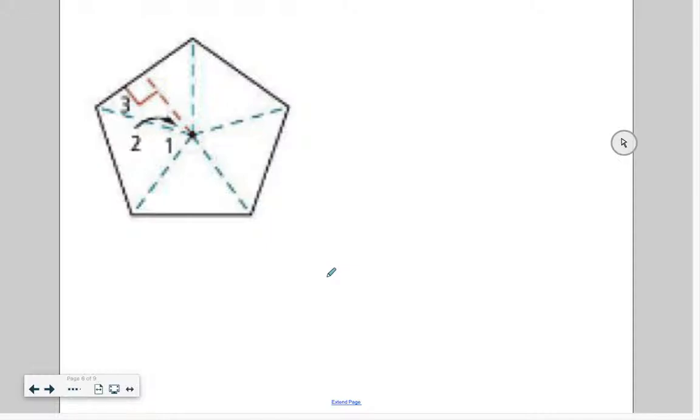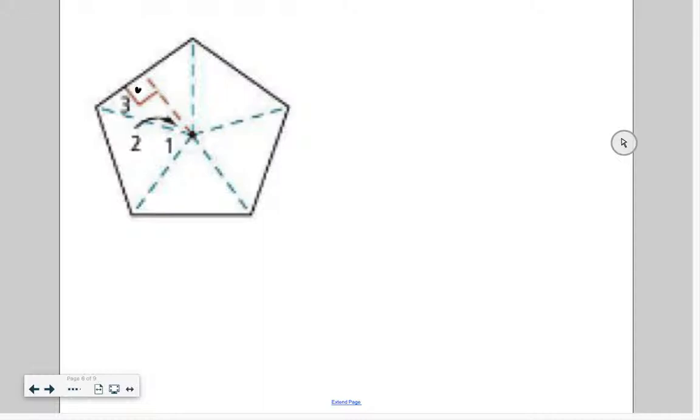Now, problem number 2. We have here a pentagon, all right? It has 5 sides. Notice that because it has 5 sides, it has 5 radii, and it has 5 triangles created by those radii. Again, here we have our apothem, which is perpendicular to the side.